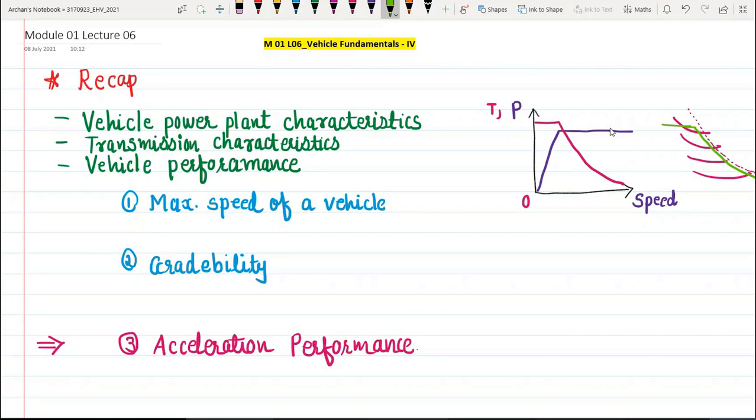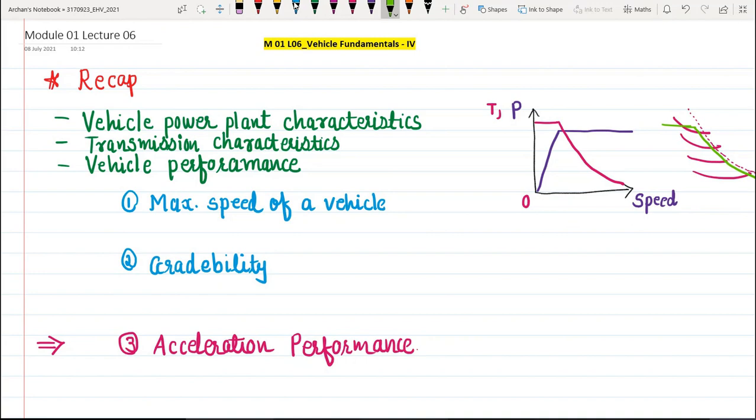But we have seen some differences between this electrical vehicle as well as IC engine vehicle. We have seen a lot of differences, and then we have decided that the electrical vehicles are somewhat beneficial now, as the main reason behind this is the zero emission vehicle. It is a zero emission vehicle. No pollution is there at all. Right? After that, we have started with the vehicle performance, right?